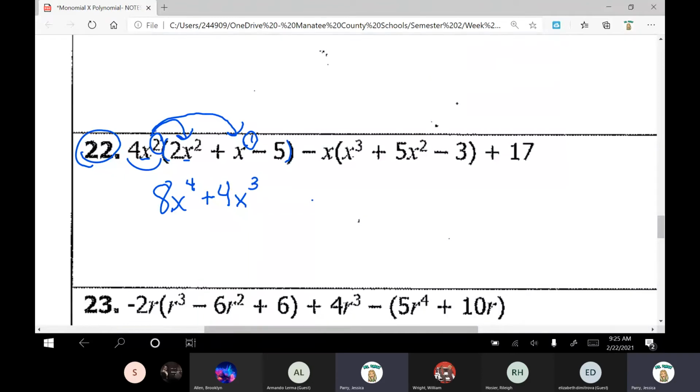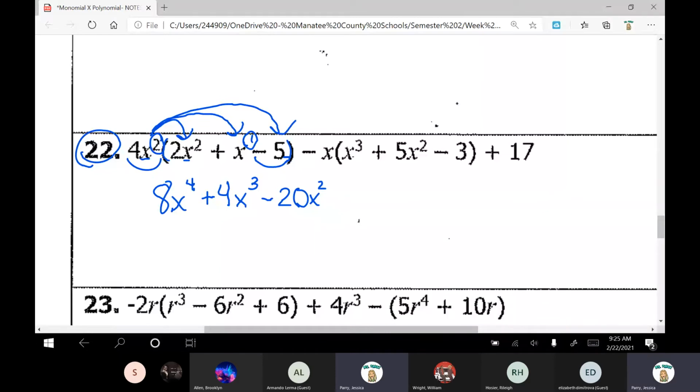So that jump is done. Going on to our last one. 4x squared times negative 5. Make sure you look at the sign in front. Multiply the coefficients, the numbers. 4 times negative 5 is negative 20. And then we've got our variable x. There's no other variables over here, so just copy down the x squared.